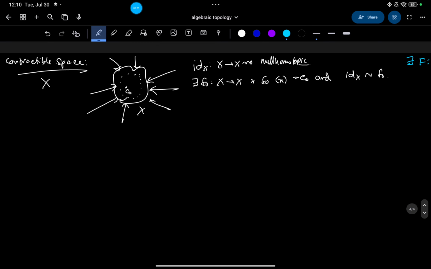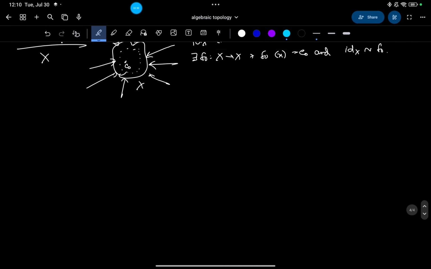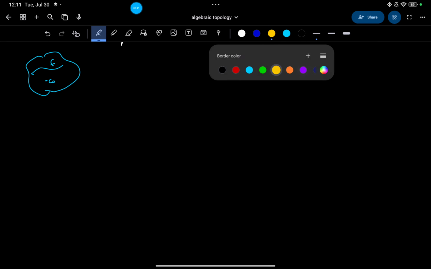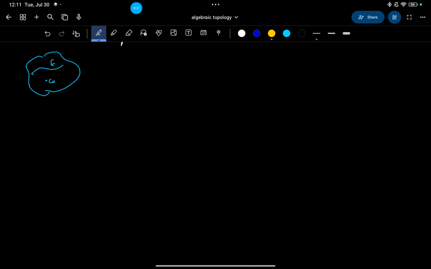So you see that suppose we have a contractible space like this, and let's take any particular point, small x naught, it is my f, and let us take another continuous map, let's say it is G. Right?